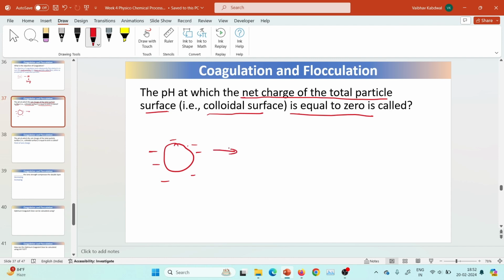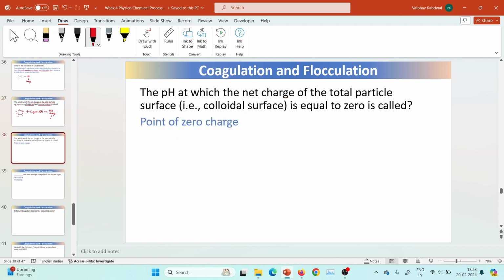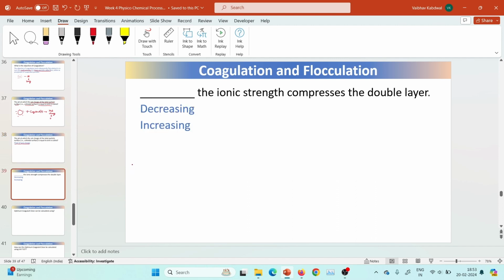After some time, when you add the coagulant, which is positive, the charge will become 0. What is this called? This is called the point of zero charge.